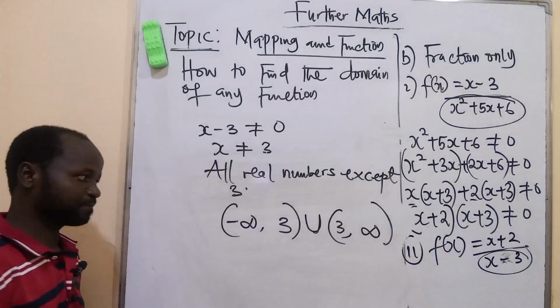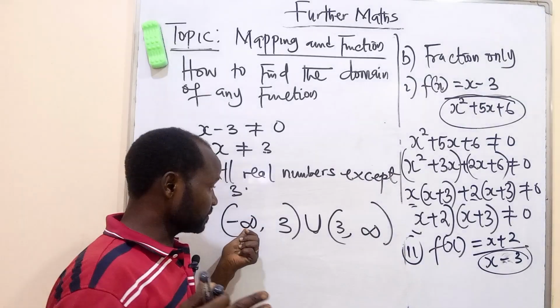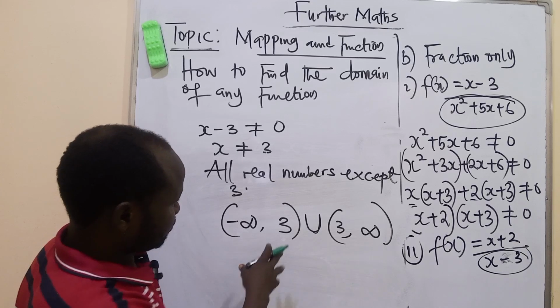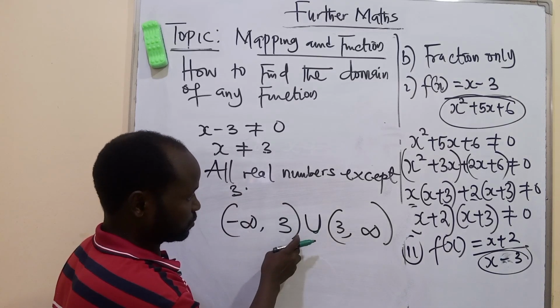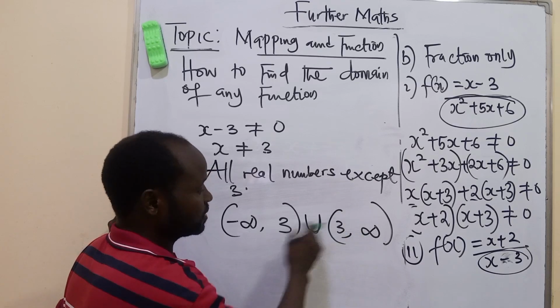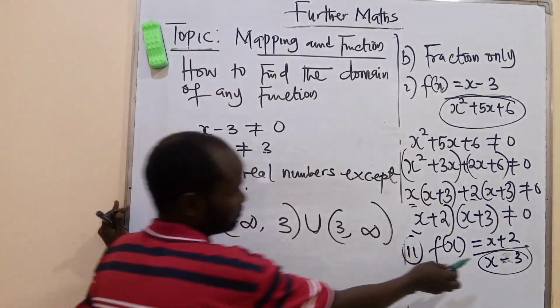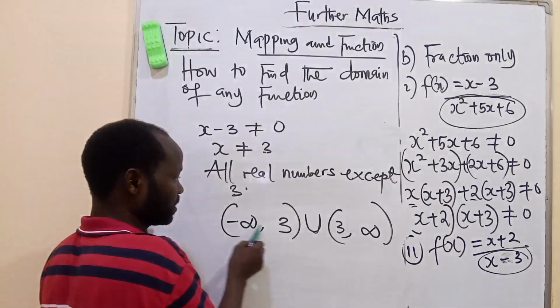What are we saying here? It means any negative number down to 3, 3 is not included, combined with the same thing. It means any negative number we plug into this function will make the function defined, but not 3.